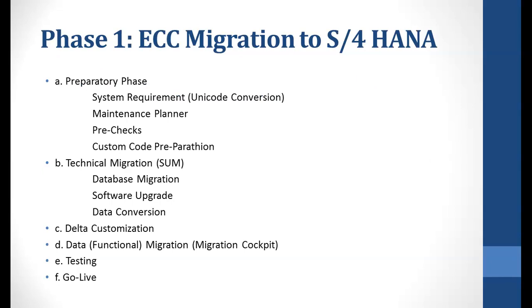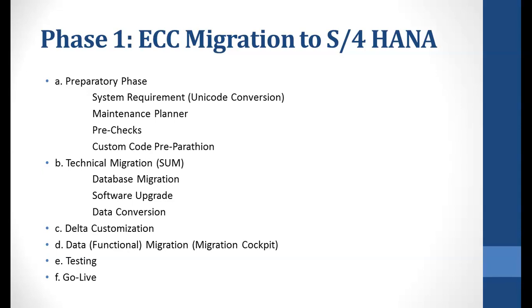Phase 1 consists of ECC migration to S4HANA: the preparatory phase, the technical migration, delta customization, data migration with the functional migration cockpit, testing and go live. In the preparatory phase, we have system requirements, that is Unicode conversion, maintenance planner, pre-checks and custom code pre-checks.